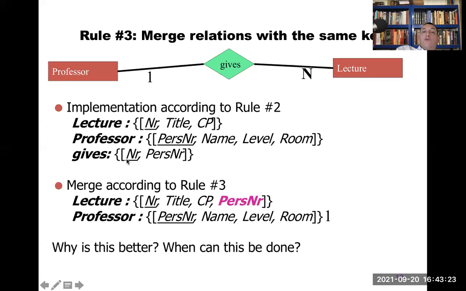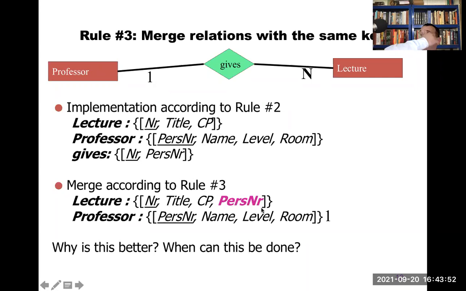And then we need to go to another table. So that would be a waste of time and resources. Why don't we merge them and have just a single table, lecture, where number is the common key, and then title, CP, and person number here. As we know that each lecture is given by a single person.